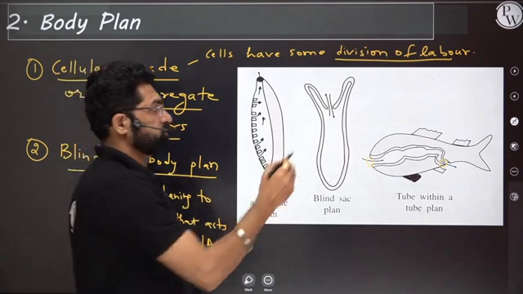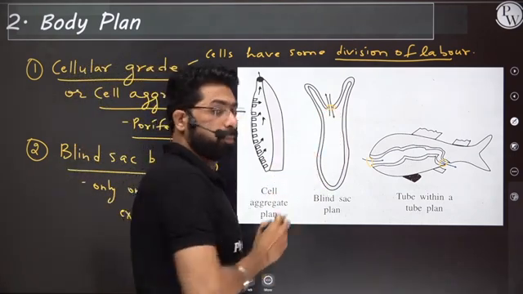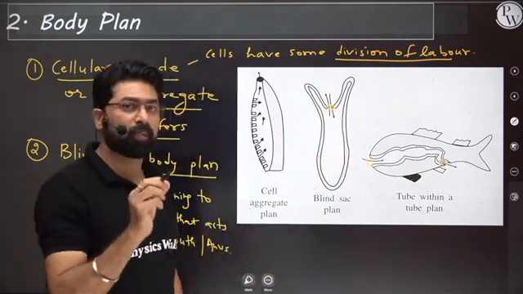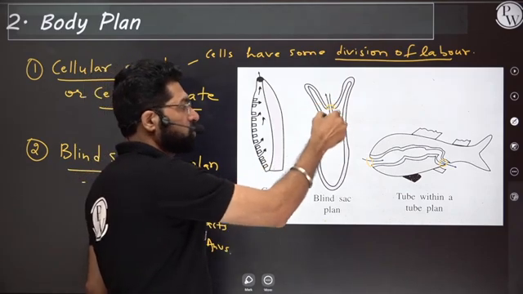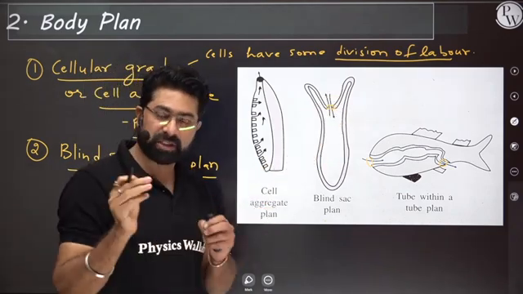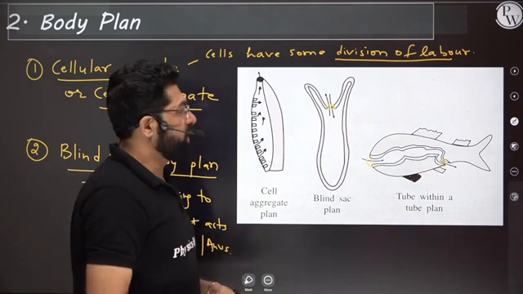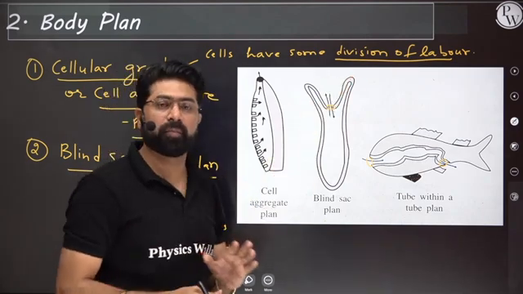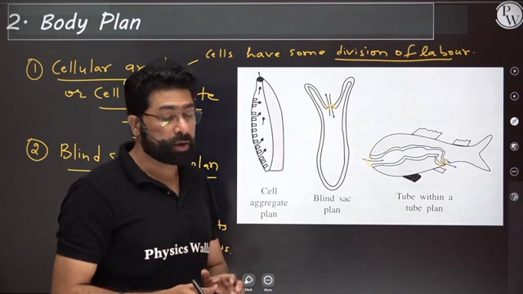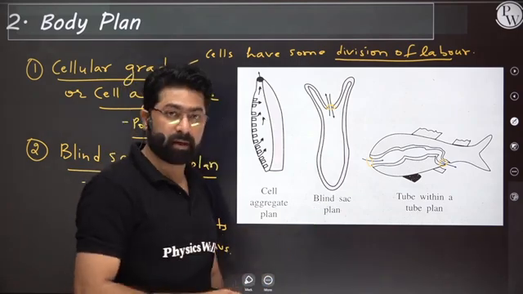Very important question. Here you see it's only one opening. The only one opening is acting as what? The mouth also and the anus also. Ingestion also takes place from that. Even the waste also has to be thrown from that opening only. So it has blind sac body plan.